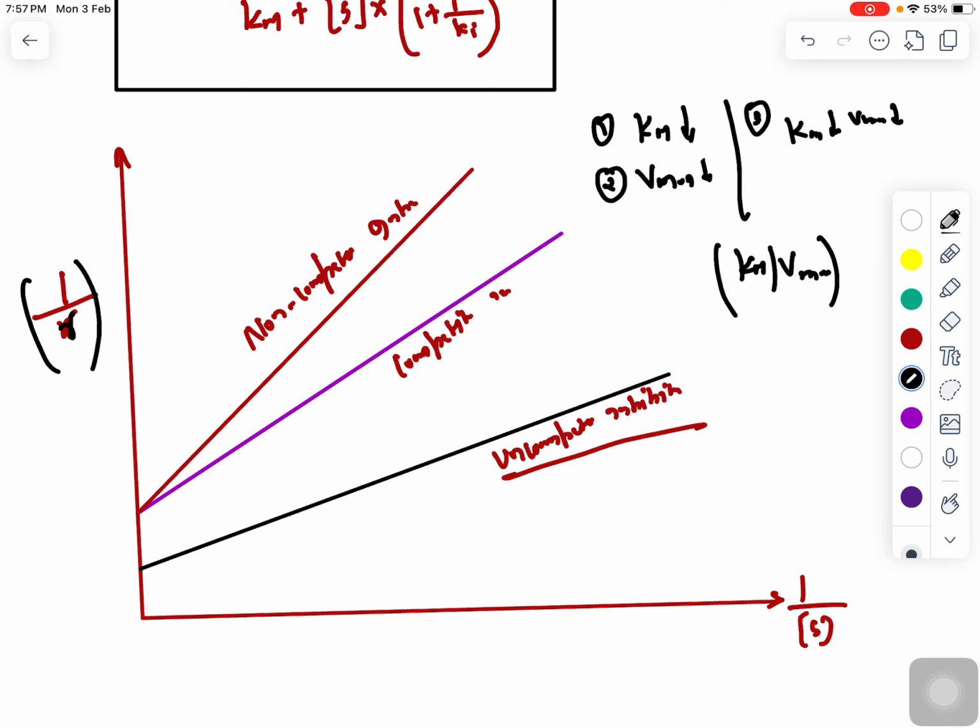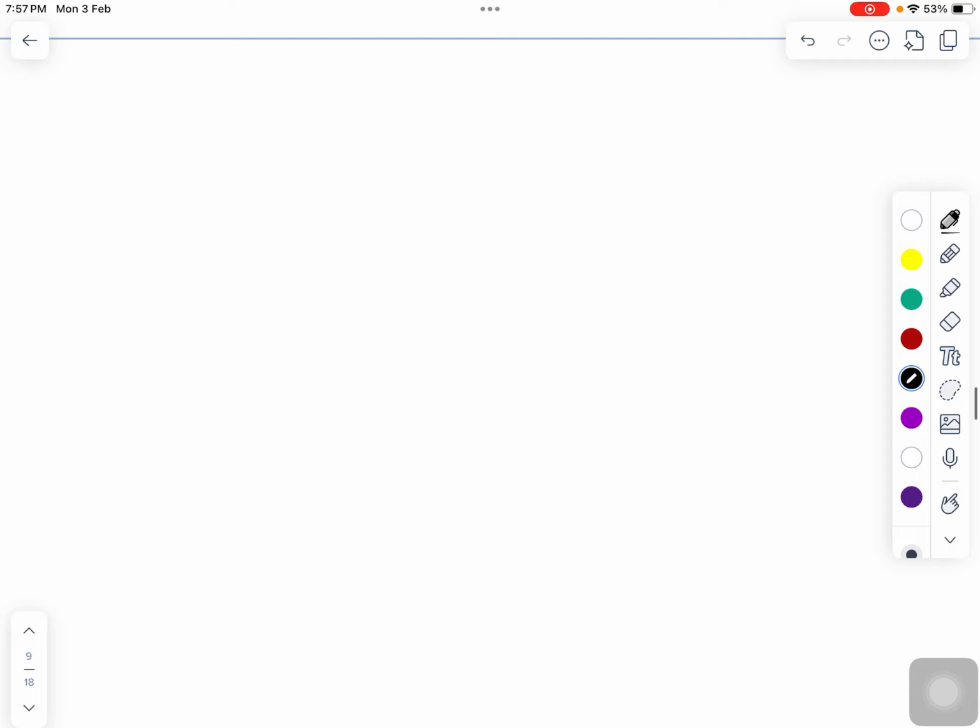And also sometimes you can plot this kind of curve, let's say in sigmoidal form.